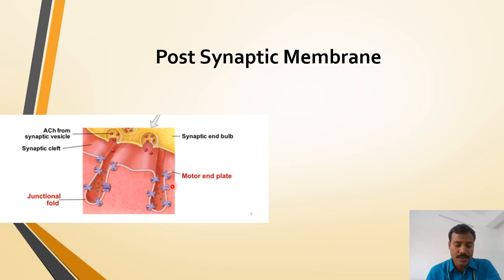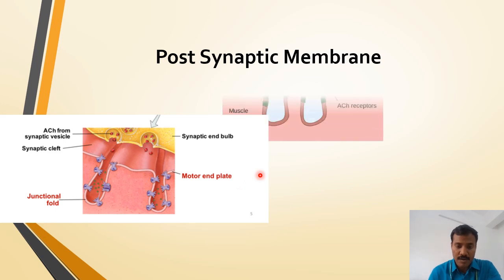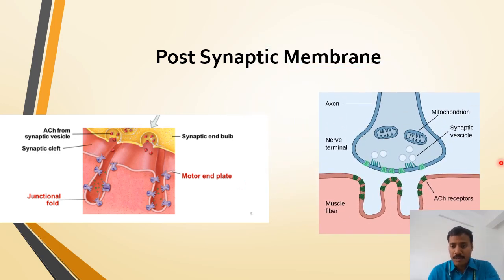The blue colored structures are actually the protein channels, and they act as a receptor also. Once acetylcholine binds with these acetylcholine receptors, the channel opens. It allows the entry of sodium, and the end plate potential is formed. In this diagram you can see the nicotinic acetylcholine receptors, where acetylcholine binds to the receptor and opens the channel. So it acts as a receptor as well as a protein channel.